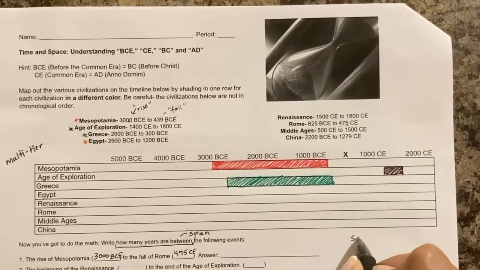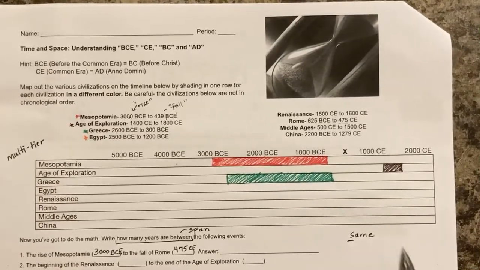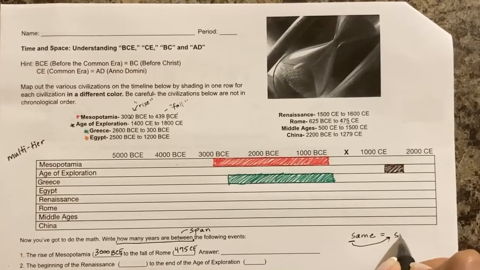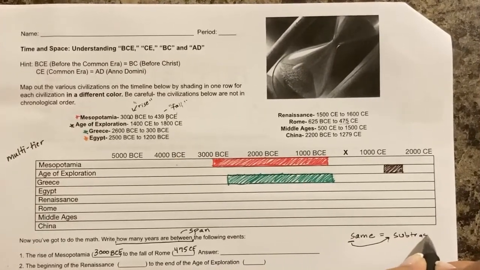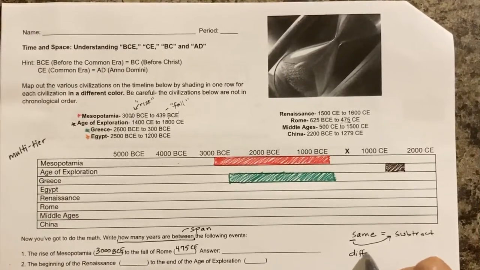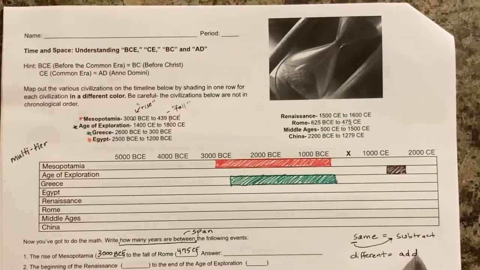And if you remember, if dates are in the same era, you subtract the numbers. If they are in different or opposite eras, you do the opposite, so you add.